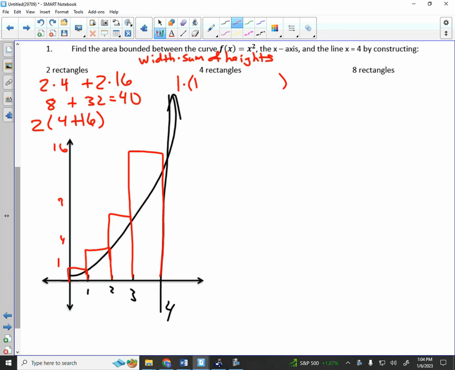So we have 1 plus 4 plus 9 plus 16. Obviously, 1 times anything is itself. We get 30. So that's a lot better. We cut 10 units off, didn't we, in terms of our error. So we're much better. Let's go all the way to 8 rectangles.